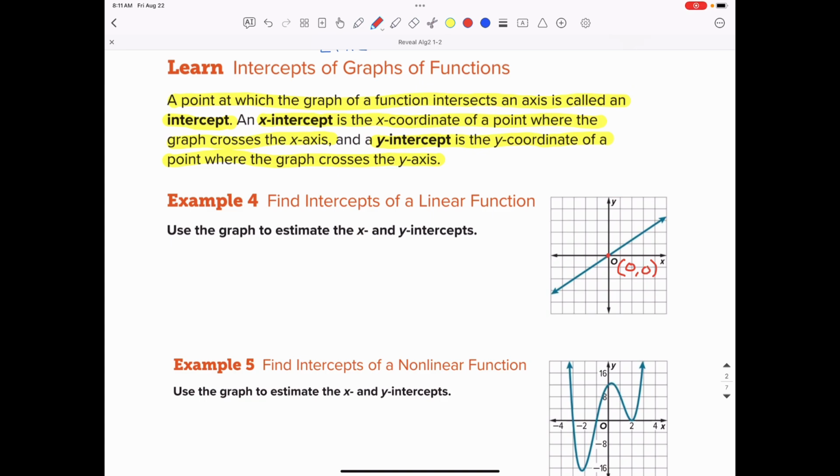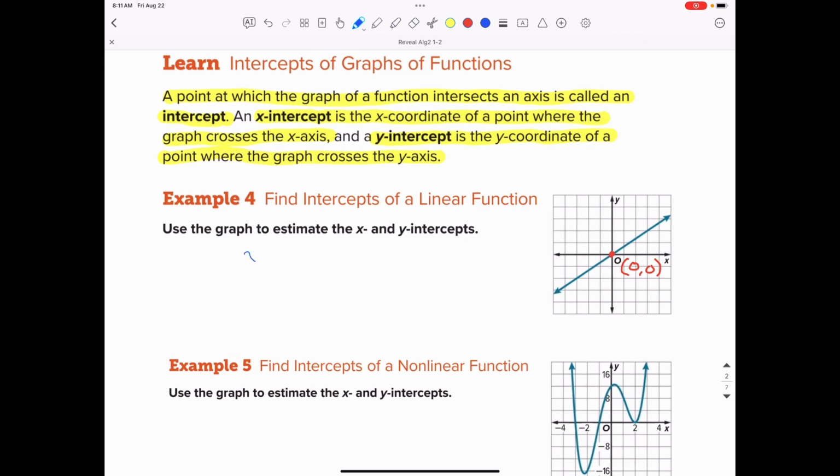So it's crossing the x and the y axis at the same point, and for that to occur, that has to happen at the origin. So in this particular case, we would say that it does have an x and a y-intercept. The x-intercept is at 0, and it also has a y-intercept at 0.